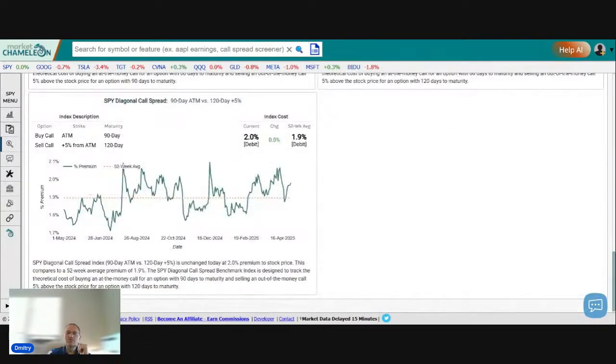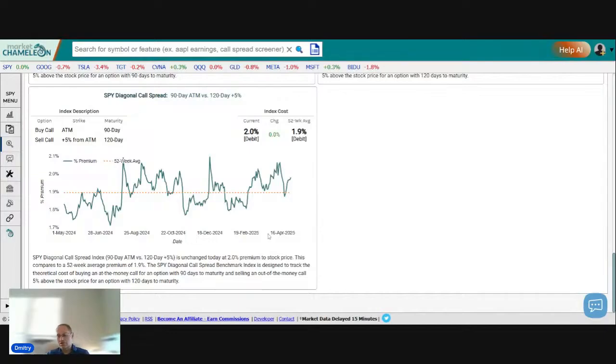So these are different. We kept the at the money at 5%, but we changed the dates that you're comparing, right? So with the time spread, you could go out further or closer. You could make the dates wider apart, and this allows you to compare the cost of that strategy using that methodology.